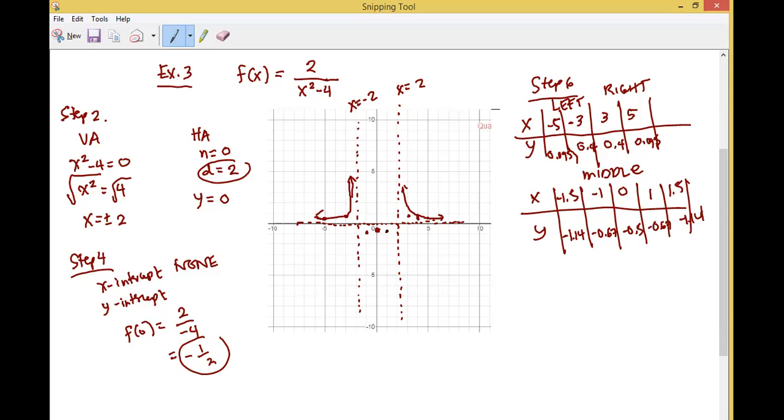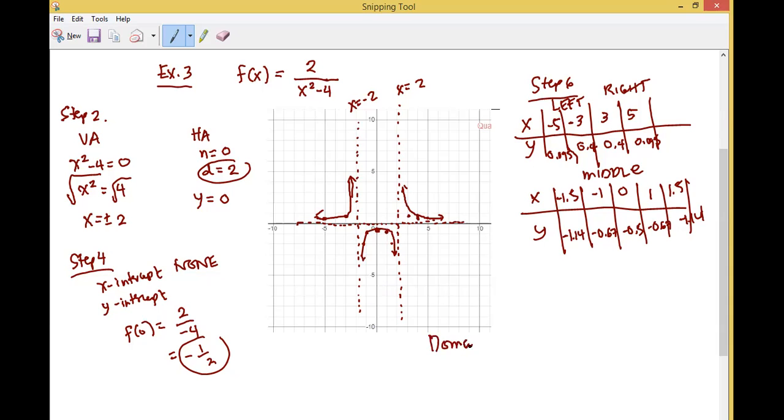It's very near to each other. Here, it's a parabola, opening downwards. So this will be the picture, a rough picture of our graph.